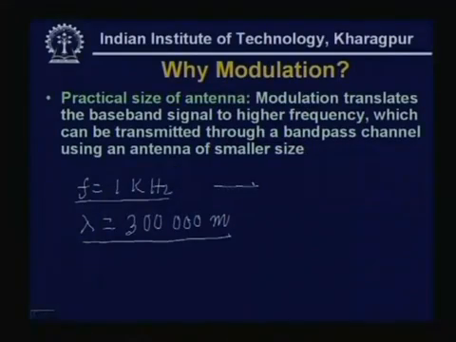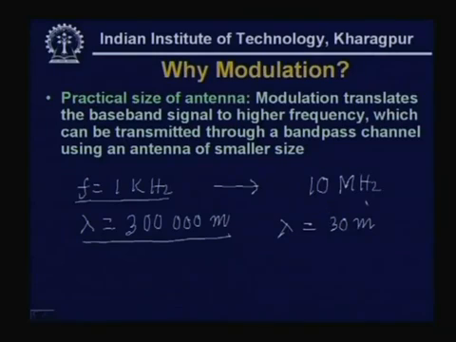You cannot do it. However, if you translate it to a frequency, say, let us assume you translate it to 10 megahertz, this will correspond to a lambda that is equal to only 30 meter. Obviously, it is quite possible to have an antenna of 30 meter.